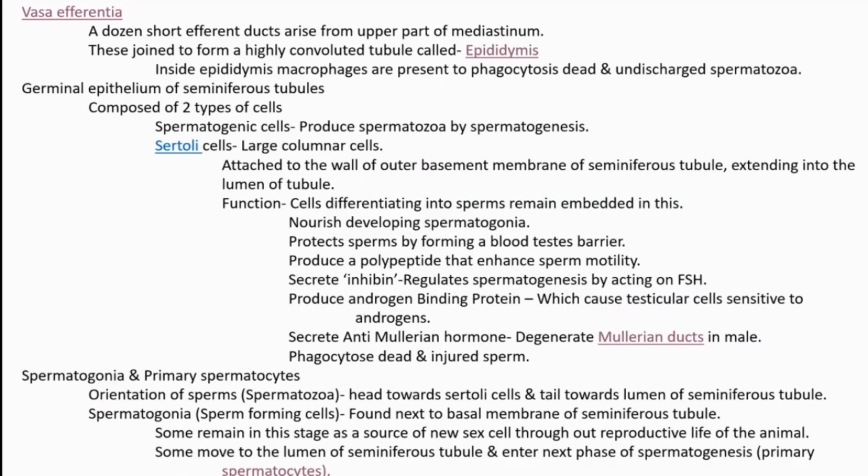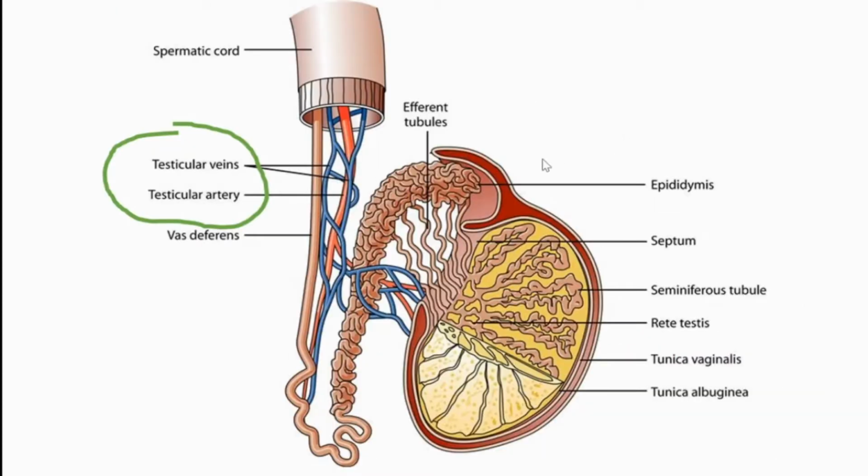Okay. Then we are going to see vasa efferentia. I have already explained to you what vasa efferentia are. The dozen tubules arise from the rete testis, and they open into a highly convoluted mass of tubule called the epididymis.